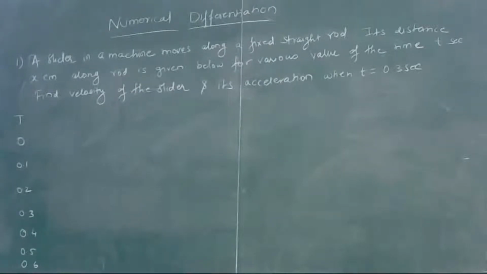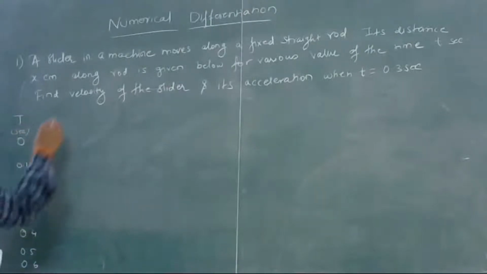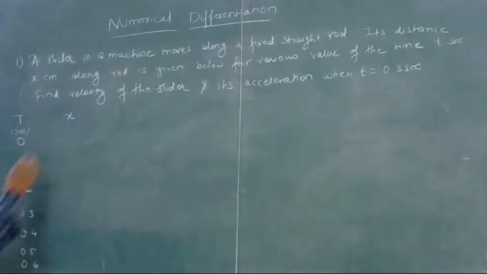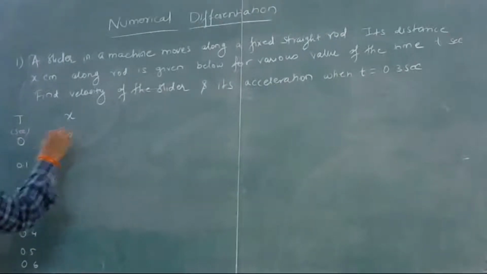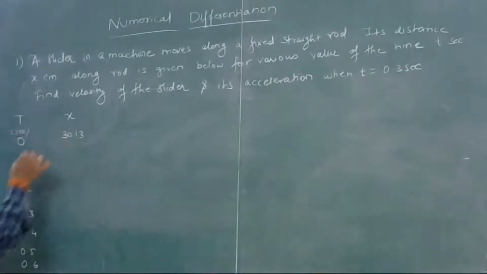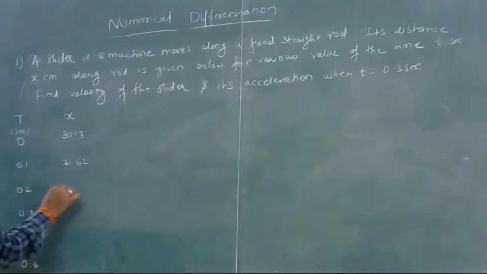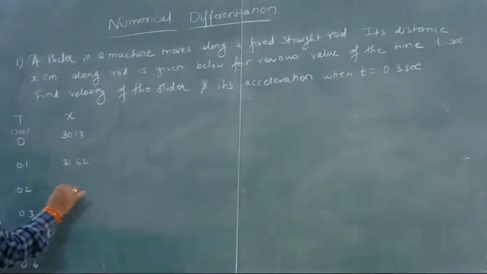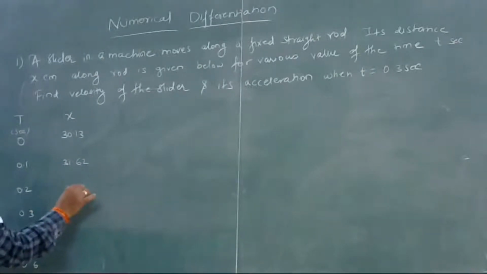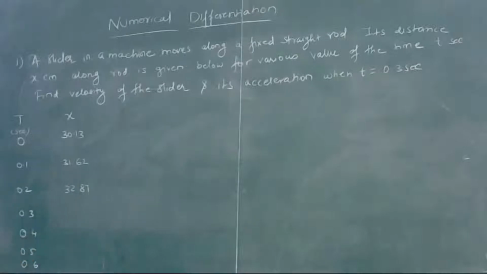Okay, so in seconds, and value of x centimeters in distance is 13.13, 13.62, 32.87. In the meanwhile, please calculate the value of p.